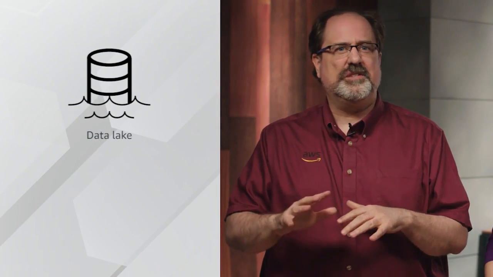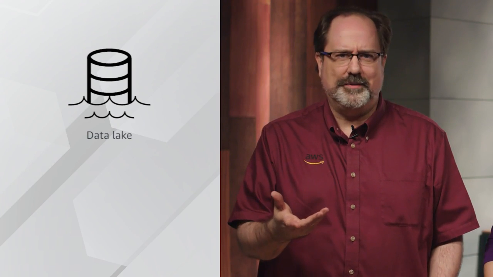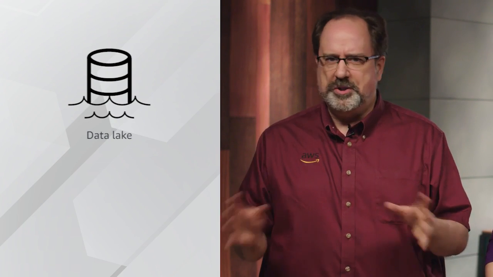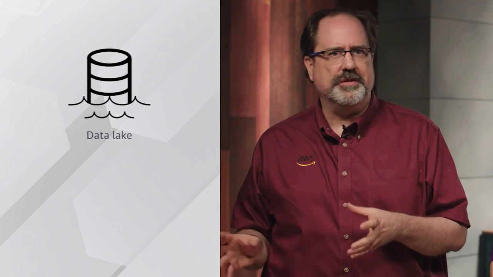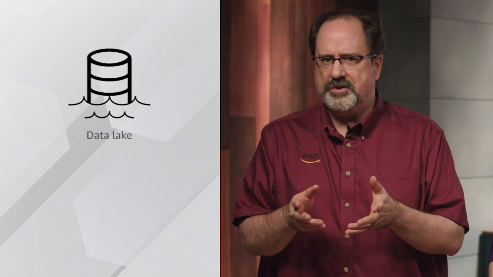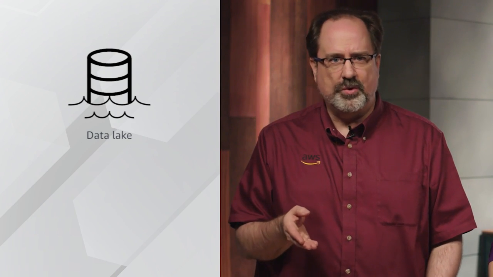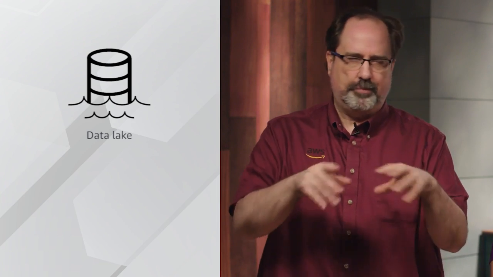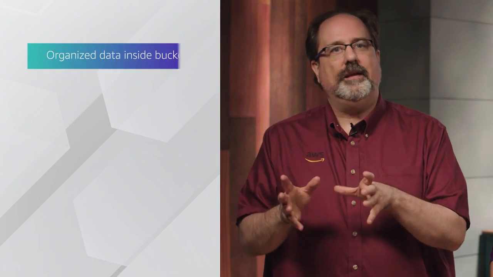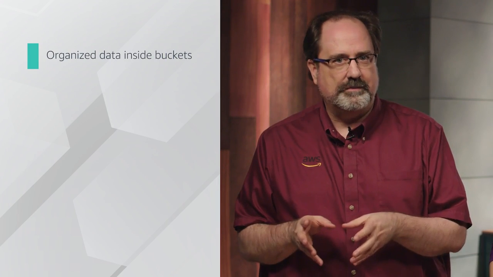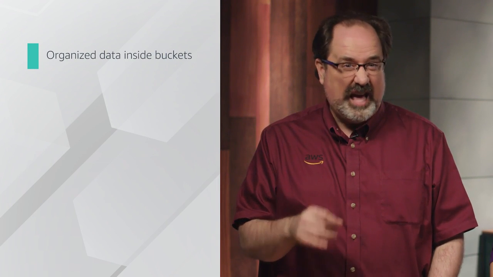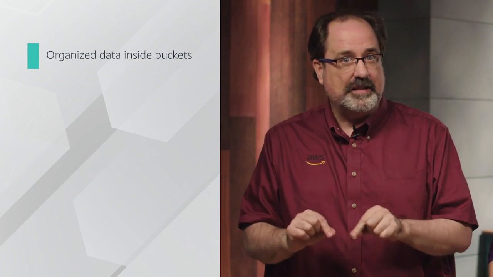And this is where data lakes come in. A data lake is an architectural concept that helps you manage multiple data types from multiple sources, both structured and unstructured, through a single set of tools. All right, let's break that all down. A data lake takes Amazon S3 buckets and organizes them by categorizing the data inside the buckets.